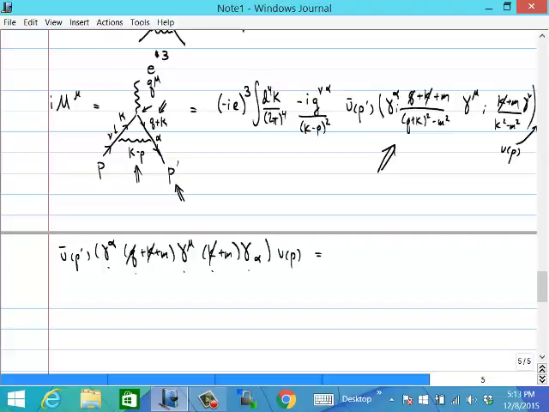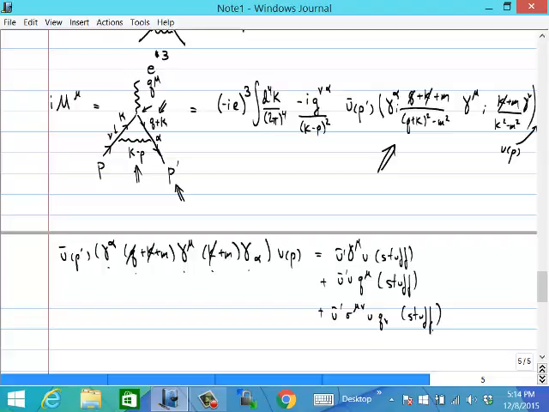What you find is something like u bar of p prime gamma mu u of p times some stuff, plus u bar of p prime u of p times q mu times some stuff, plus u bar of p prime sigma mu nu u of p times q nu times some stuff.